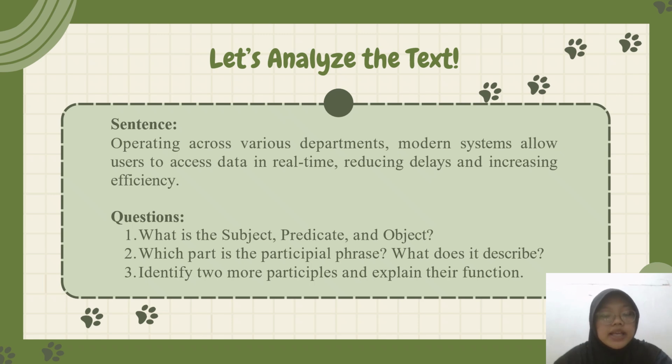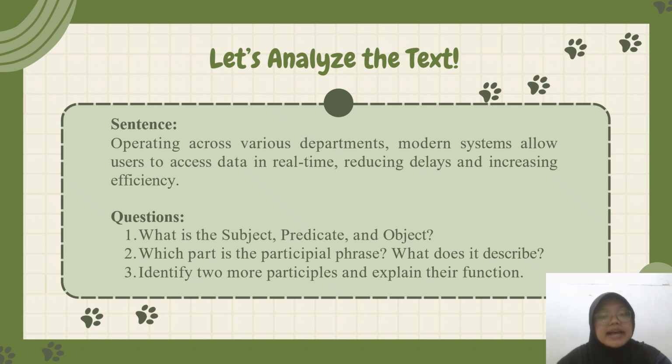To test our understanding, let's analyze one example from the text we just read. Here's the sentence: Operating across various departments, modern systems allow users to access data in real time, reducing delays and increasing efficiency.